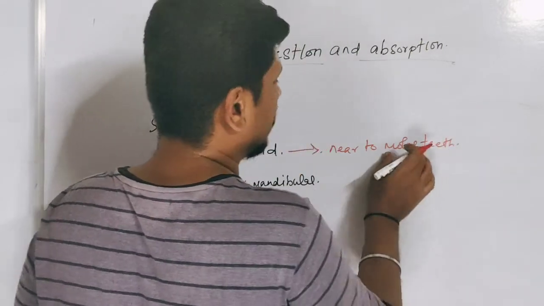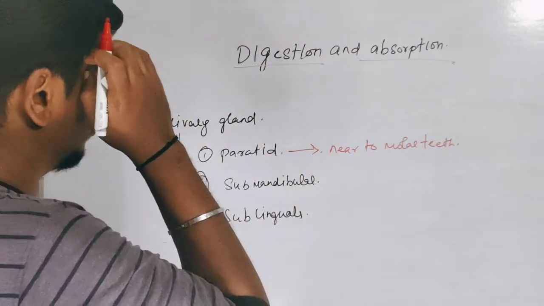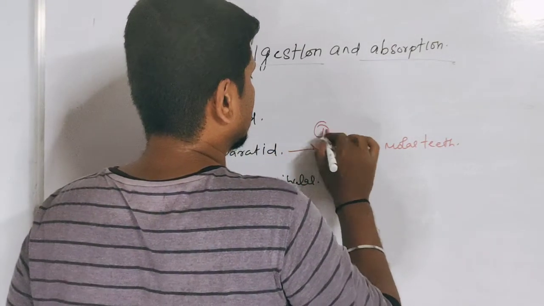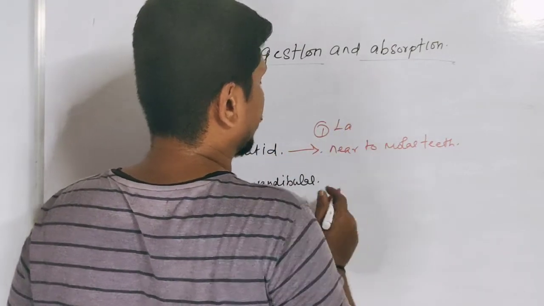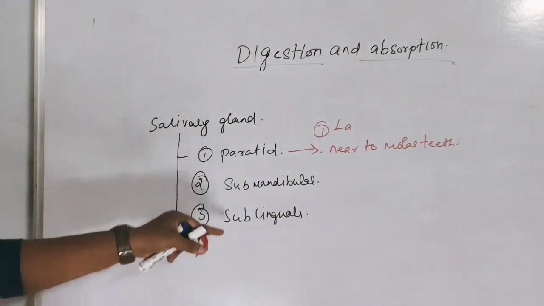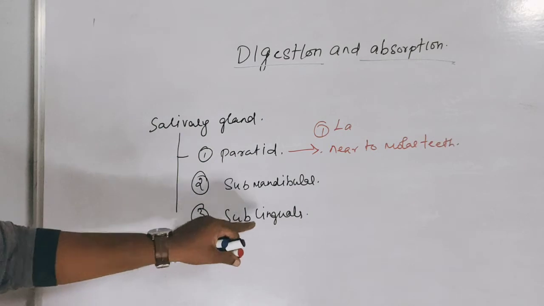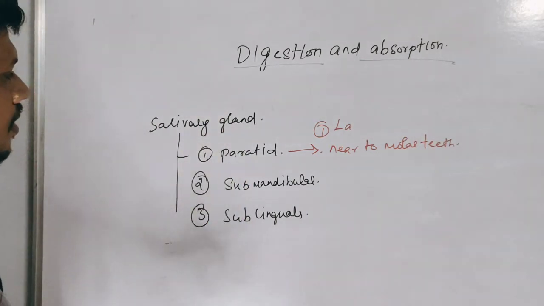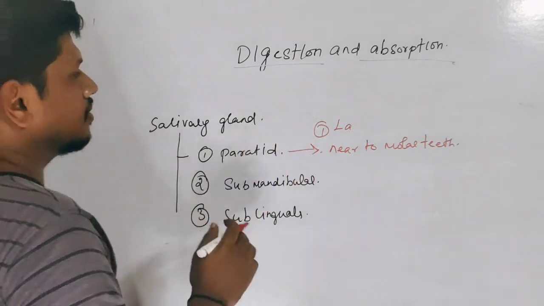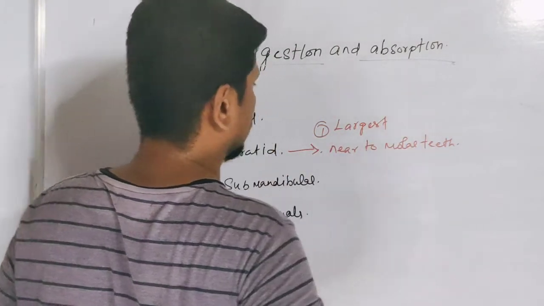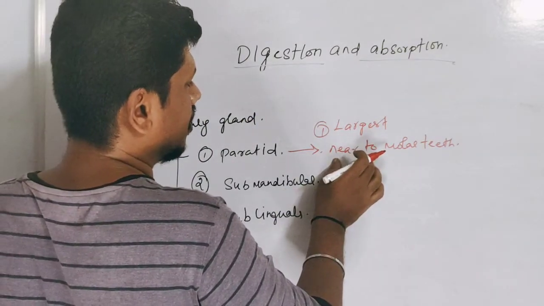I'll tell you what I mean by molar teeth, right? Just you can remember. It is the largest gland present in the salivary glands, right? It consists of three glands: parotid, submandibular, and sublingual. With respect to all the three, this parotid is the largest one.